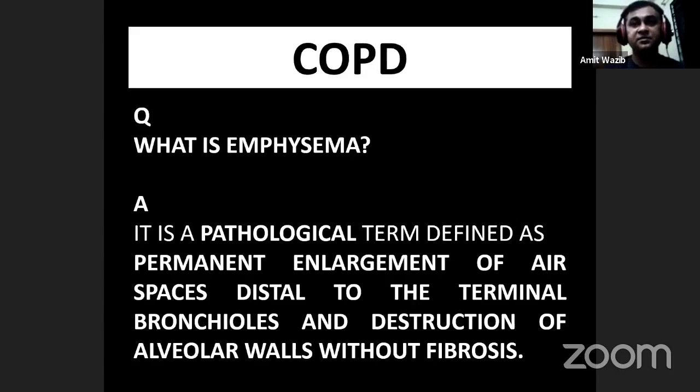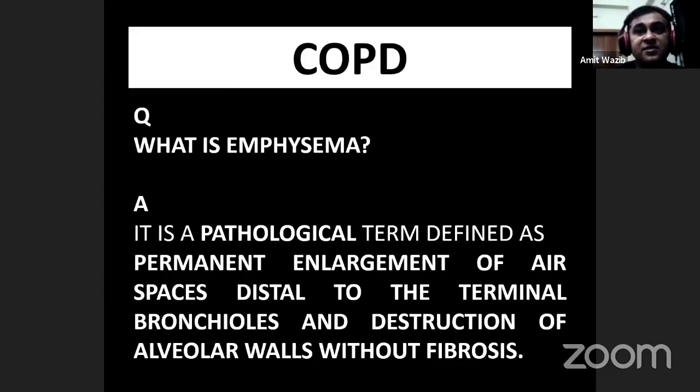That means the small airways, that is the alveoli and the previous few larger airways, that means all the airways that are distal to the terminal bronchiole are affected in emphysema. What is the affection? They are dilated, their walls are destroyed, but there is no obvious fibrosis of the wall. So this is the definition. So there is no clinical touch in this definition.